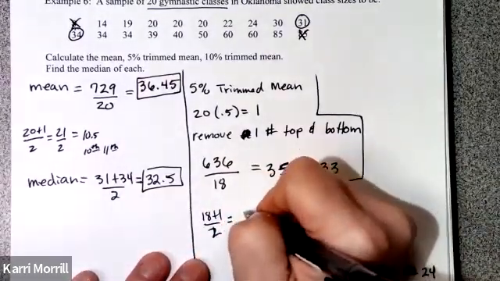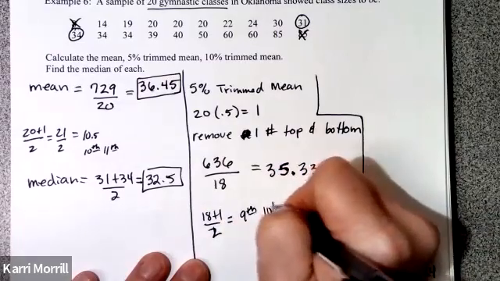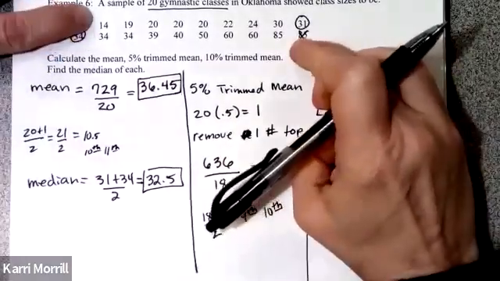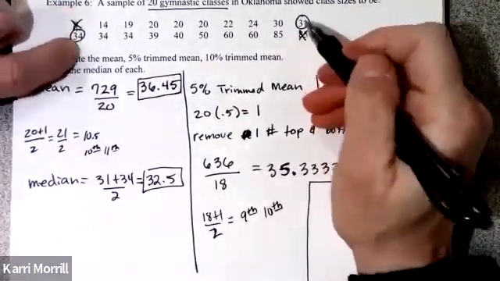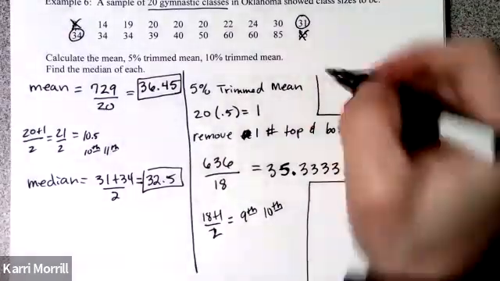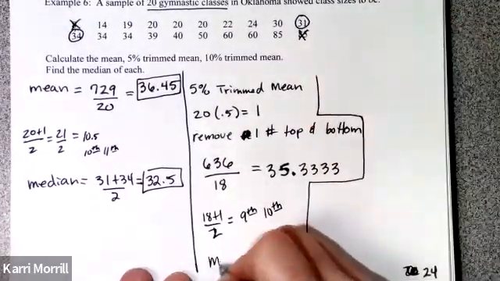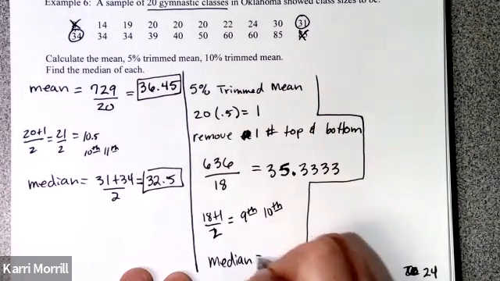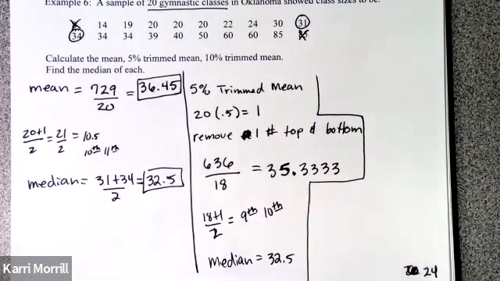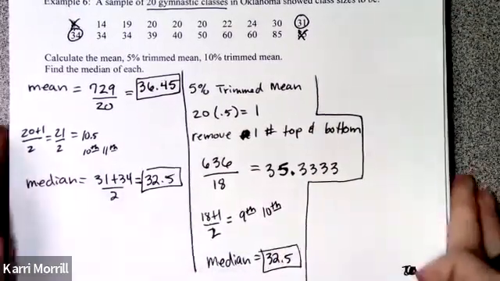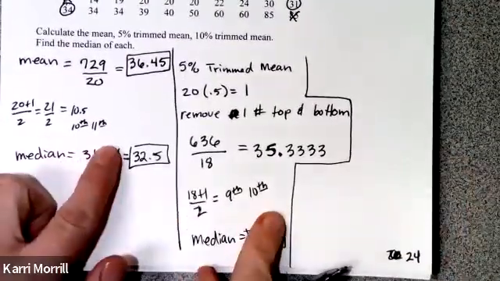That would be the 9th and the 10th digit. Well, since you've eliminated these two, it's still the middle two numbers. So your median would be the same. Still the same digits.